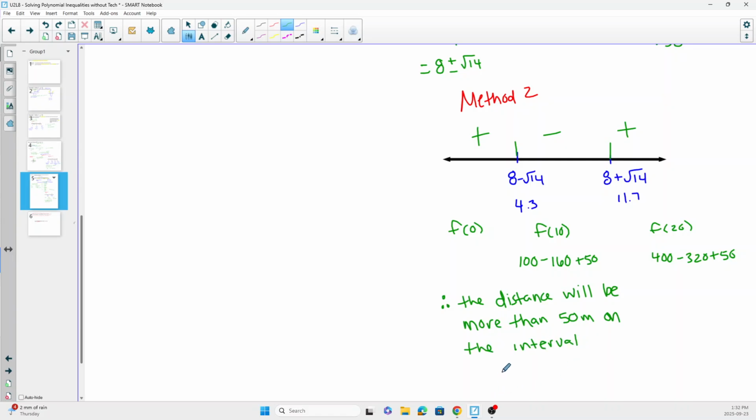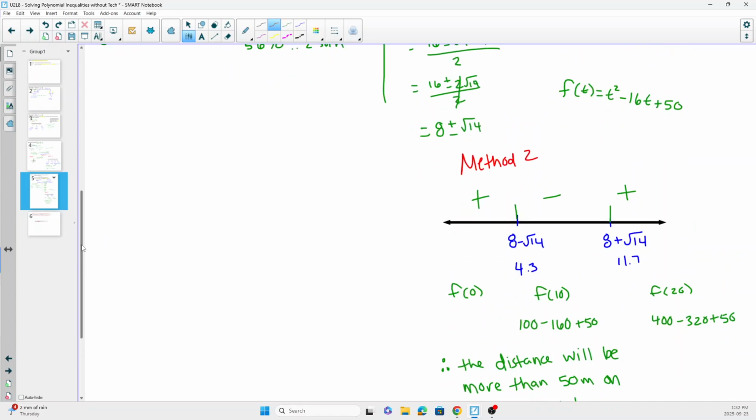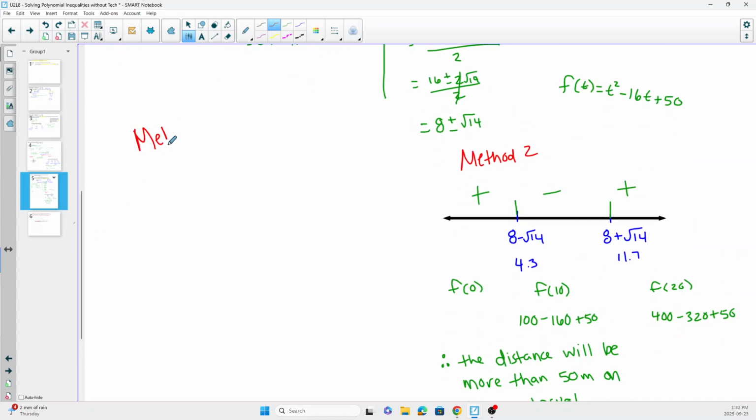Different ways we can write it, but round bracket, because it didn't say greater than or equal to, or in this case, less than or equal. So I'm just going to say 8 minus root 14, comma, 8 plus root 14, and then round bracket. Or you could have used your inequality notation. It's up to you.